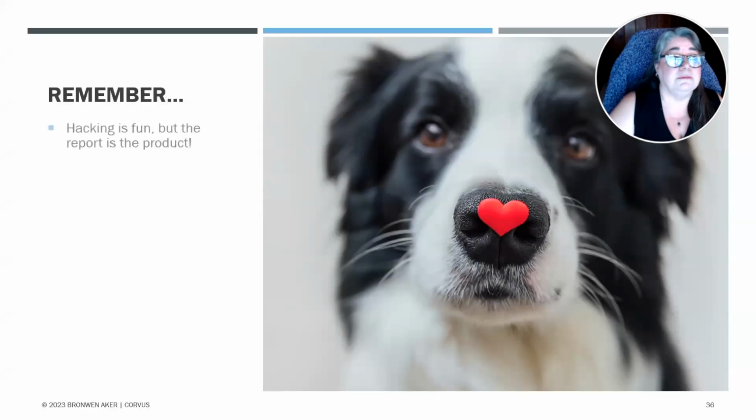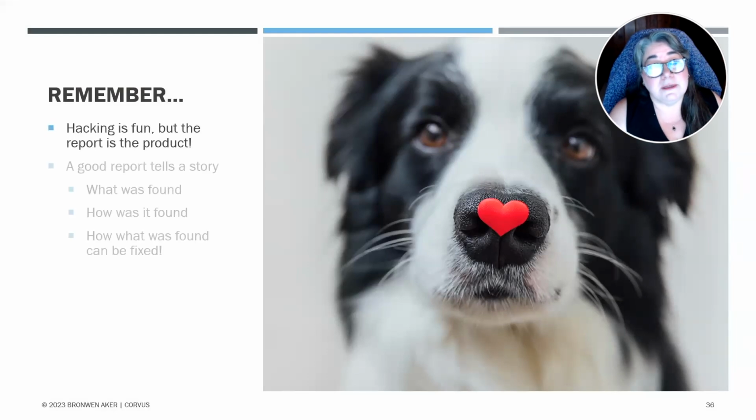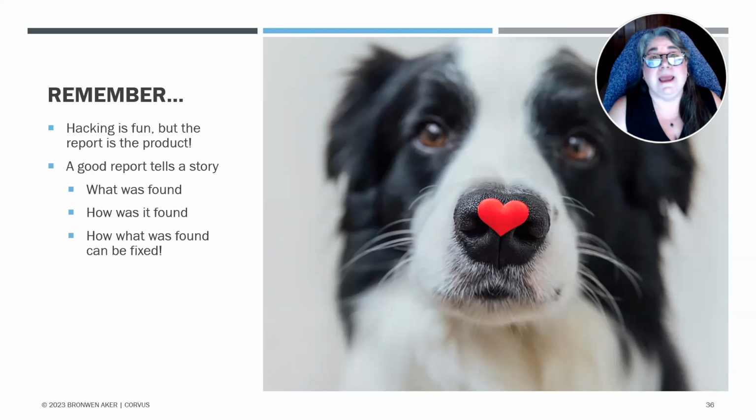So, hacking is fun, but your report is the product. A good report tells a story: what was found, how it was found, and how what was found can be fixed. You don't have to be an elite hacker to write reports well.